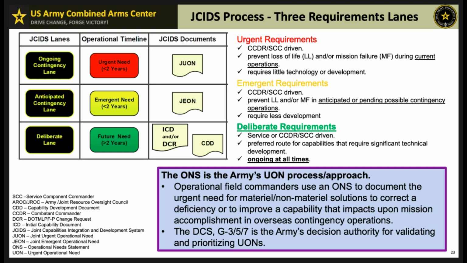In some cases, validated but unsourced urgent requirements lead to directives for higher headquarters to redistribute resources within units, especially during widespread shortages as seen during the Iraq surge. This process ensures critical needs are rapidly addressed to enhance mission accomplishment.